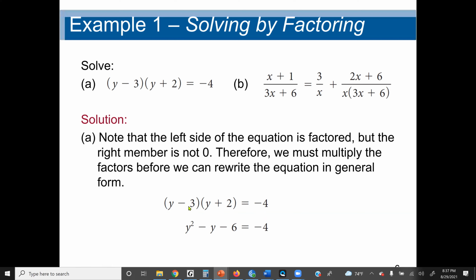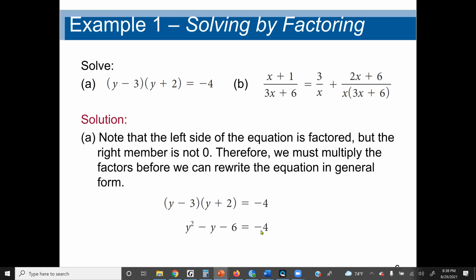Then I also have minus 3 times y, which gives me minus 3y. They are like terms, minus 3y plus 2y, so we can combine them together, and that will give me minus 1y. We normally don't write the 1, so we just write minus y. Then the last one will be minus 3 times plus 2, which will give us minus 6, equal to minus 4.